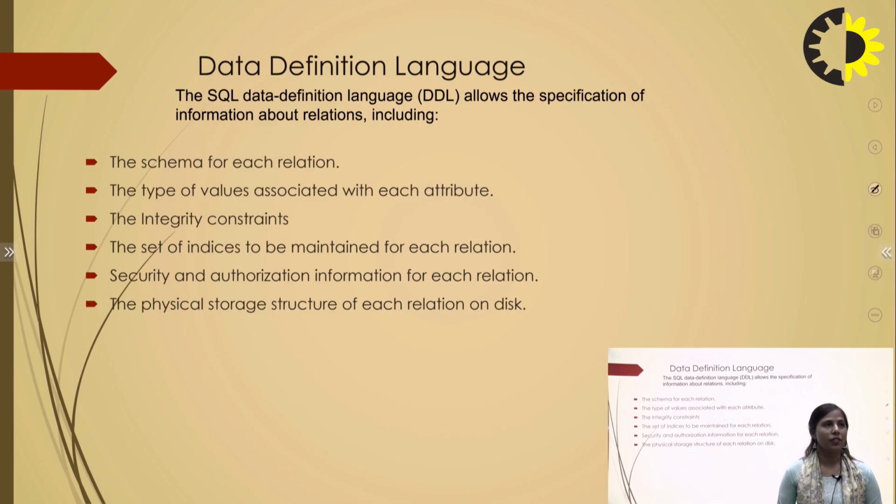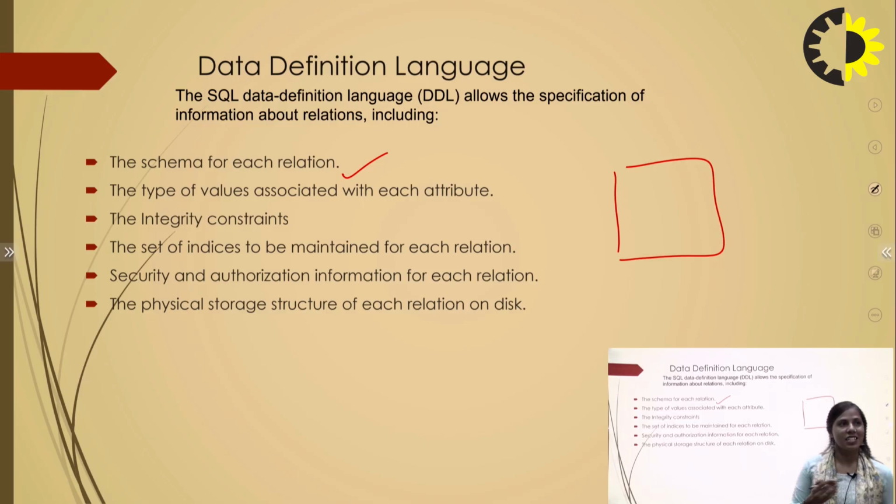It includes the specification of information about the relations, here called tables. These are the various terminologies we have already discussed in the previous lecture. So what does the data definition language do? It defines the schema of each relation, meaning it defines the structure of a table, what structure is going to be there, what the schema of this particular table is.